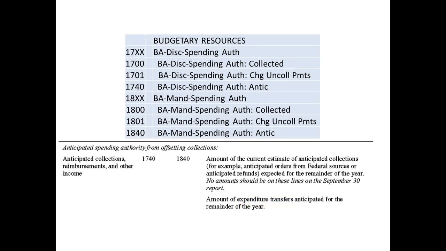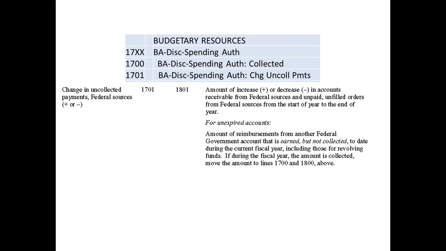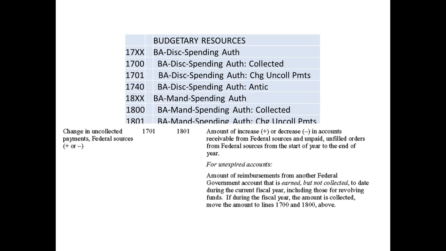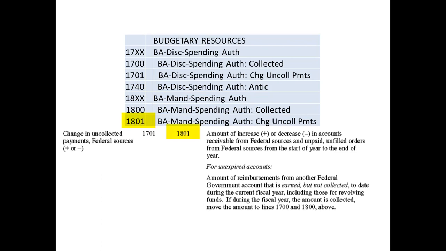The next frequently used line is 1701 for discretionary and 1801 for mandatory. The descriptor tells us these lines represent a change in uncollected payments, federal sources. Amounts on this line represent the amount of earned reimbursements from another federal government account that has not been collected.